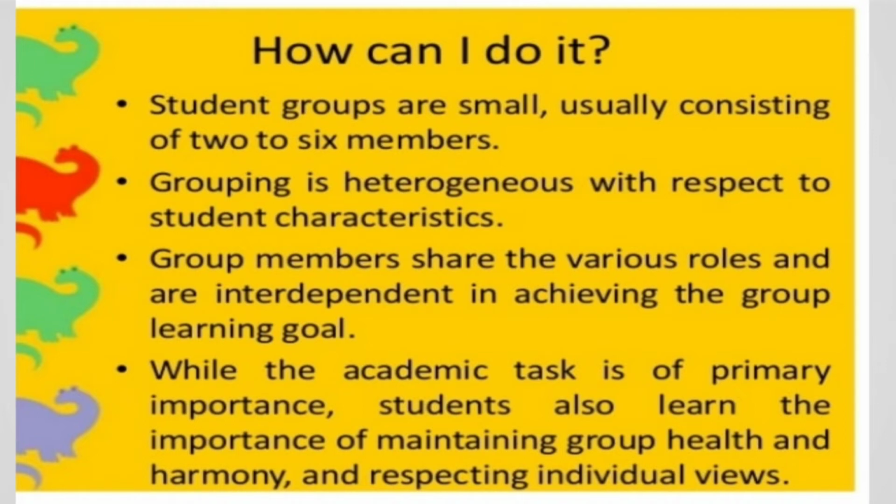Group members share the various roles and are interdependent in achieving the group learning goals. While the academic task is of primary importance, students also learn the importance of maintaining group health and harmony and respecting individual views.